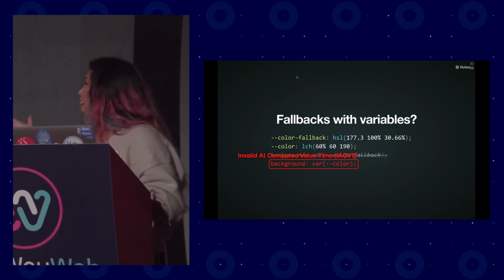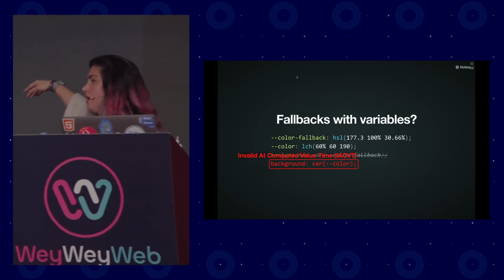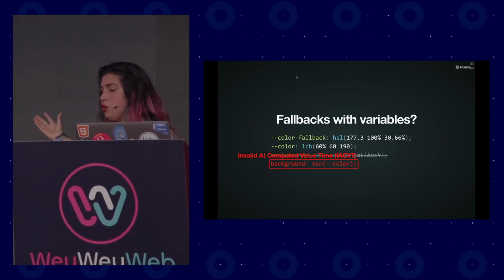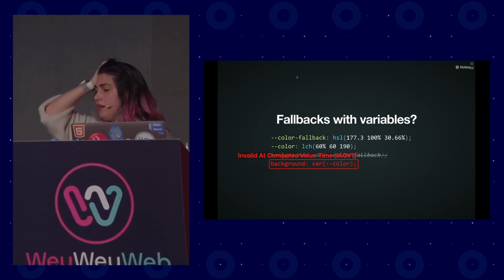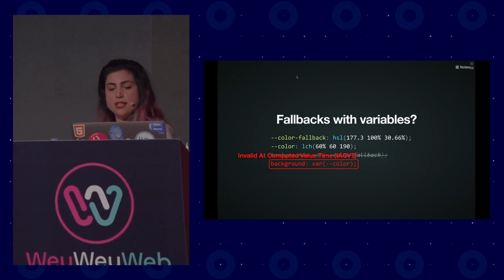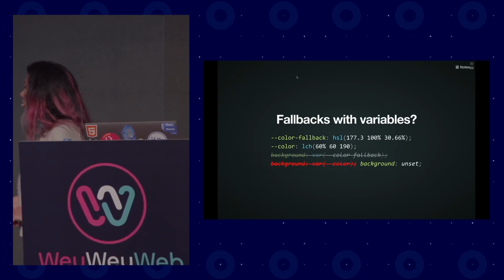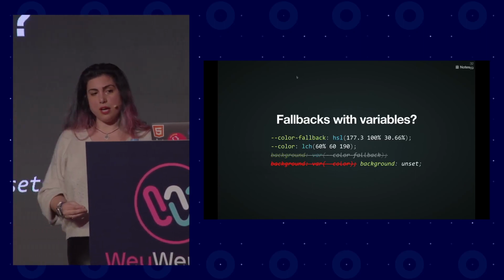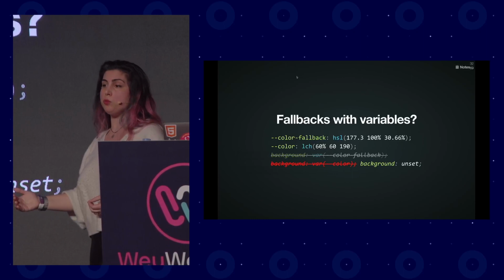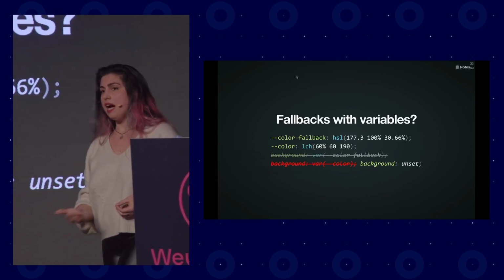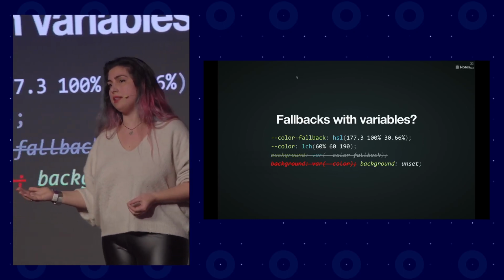Because at this point, it's already thrown away the previous declaration. It cannot use that as a fallback anymore. So instead, it just treats this as unset. So anytime something is invalid at computed value time, it basically becomes the same as if it was set to the keyword unset.